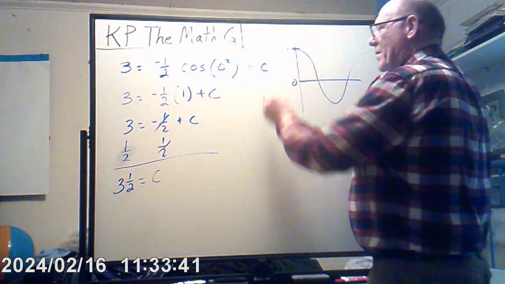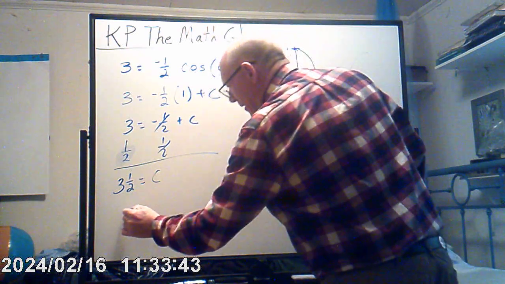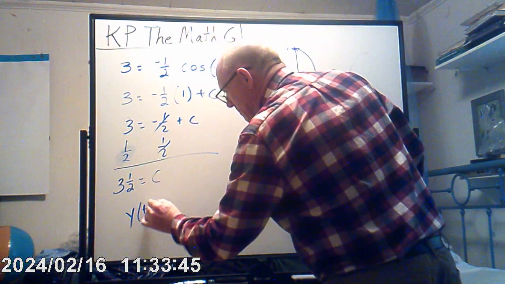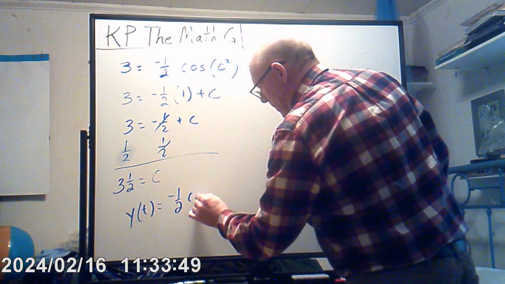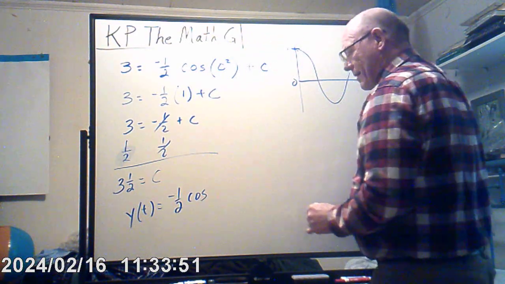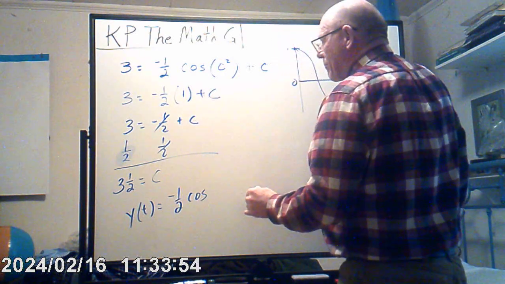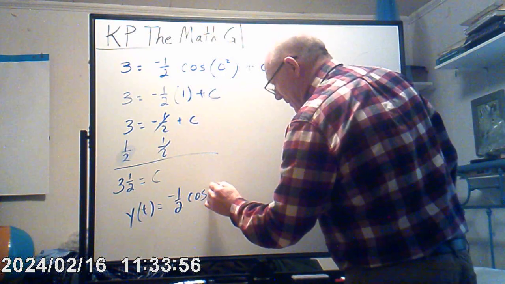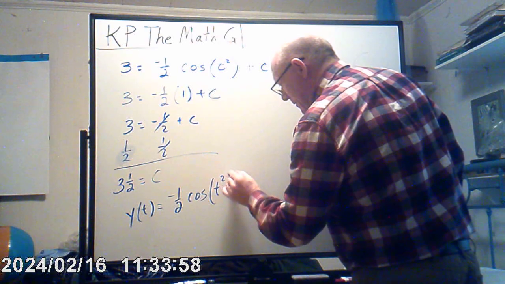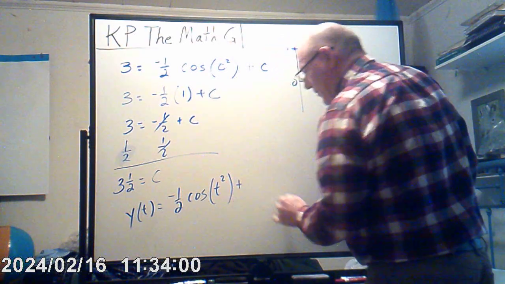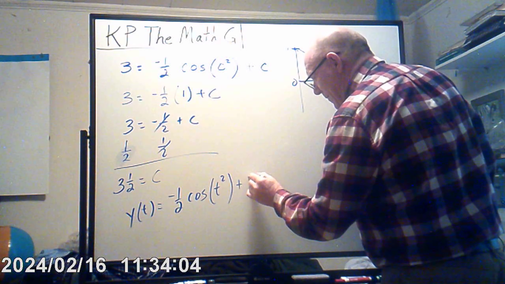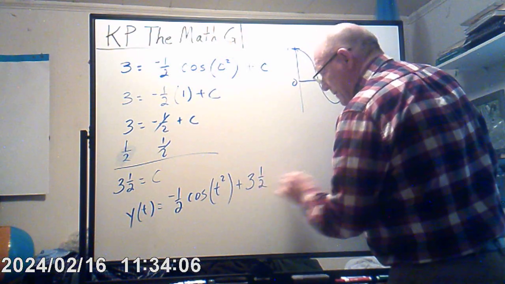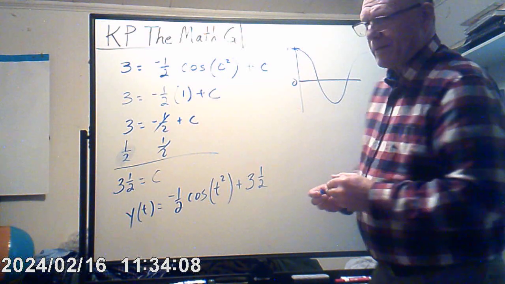So now my problem becomes: y at t is equal to negative 1/2 cosine of t squared plus 3.5.